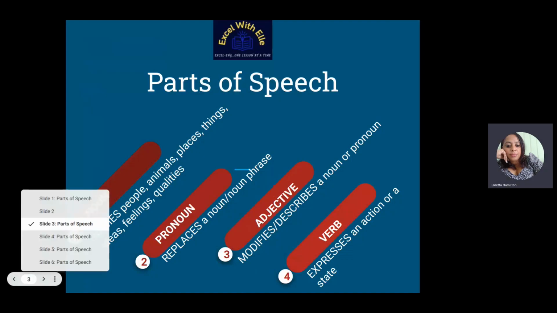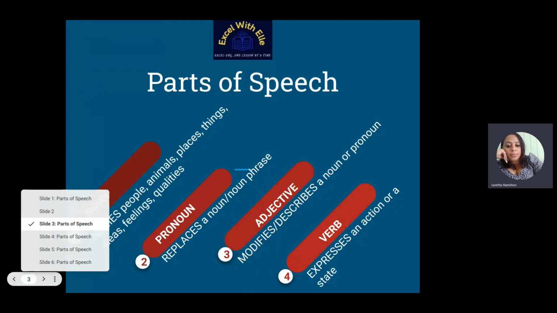So far, you're seeing that words carry out particular functions, and it is based on the particular function of a word that you place it into a particular part of speech category. So we have seen that some words, their work is to name. That's their function. So we call them nouns.